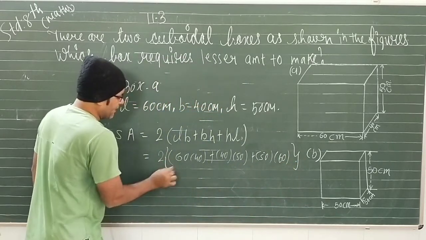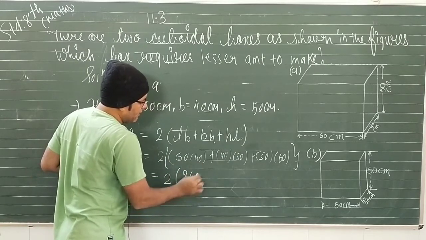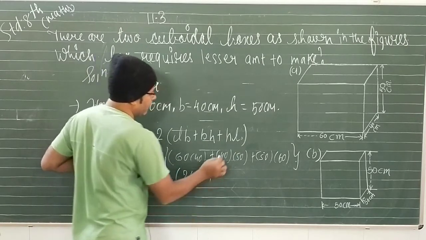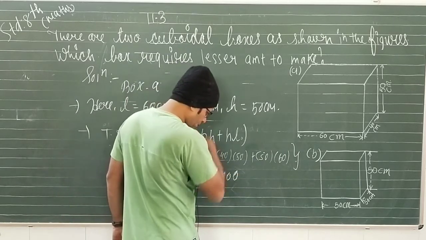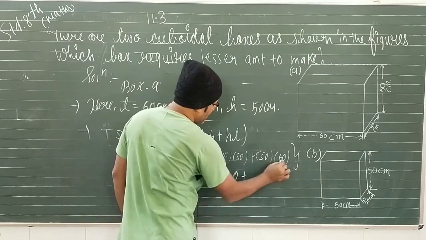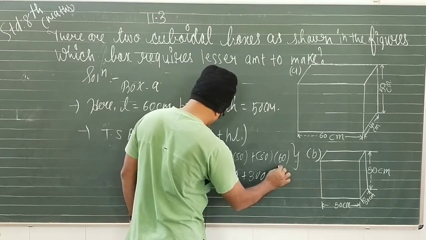You can use curly bracket here. 2, 6 4s are 2400, 4 5s are 2000, 5 6s are 3000.